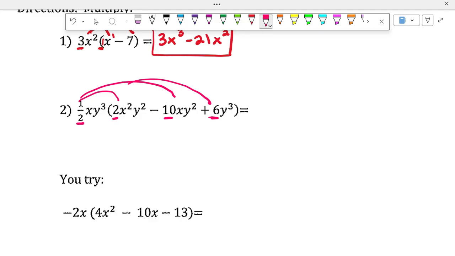Dividing by 2. All right, so what's 1/2 times 2? 1. All right, I'm going to leave some space. What's 1/2 times negative 10? Negative 5. I'm going to leave some space. What's 1/2 times 6? Positive 3. Again, I'm leaving space because we haven't multiplied the variables yet.